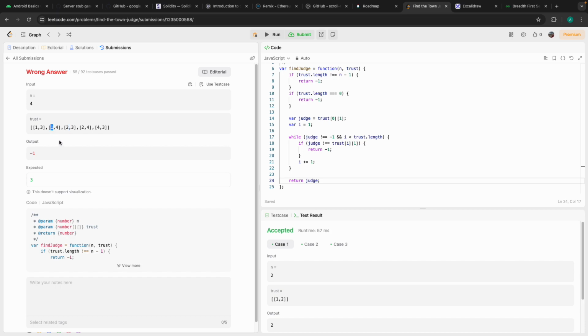Aha, because the first person trusts both the third and fourth person, and the second person trusts the third and fourth person, but they both trust the third person.